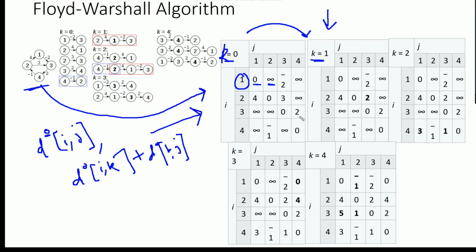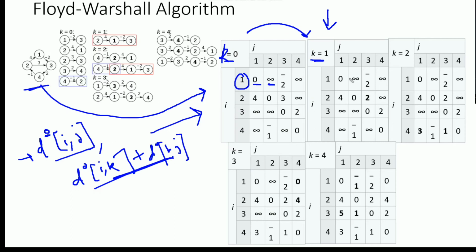So in order to fill this having vertex 1 as an intermediate, we need to use the values which we have calculated in the previous matrix, because the shortest path can be the direct edge or the edge connecting via an intermediate vertex. The minimum of both cases will help to find the shortest path.